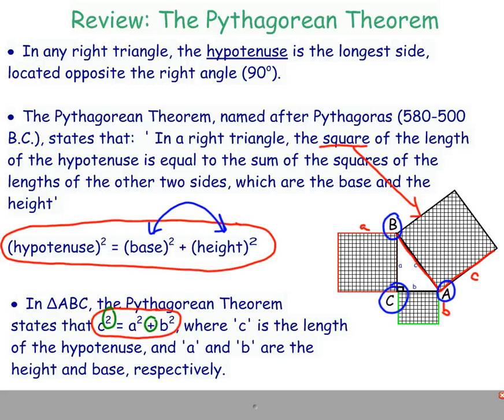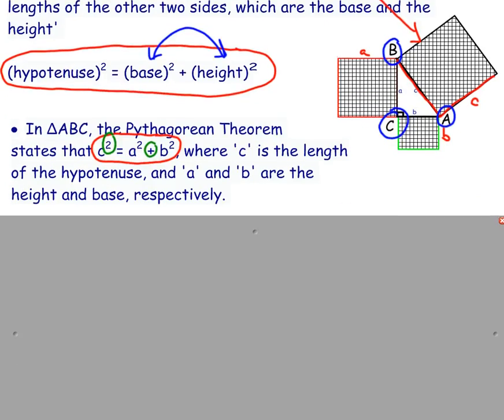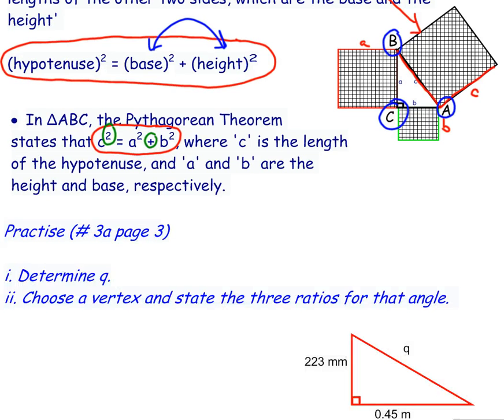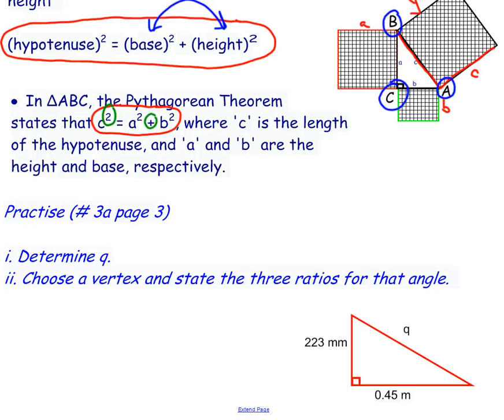Okay? All right, so that's a review of the Pythagorean theorem. And from there, let's look at one example which comes right out of your textbook, practice question number 3A on page 3. The question says determine Q, which is the hypotenuse of the triangle.